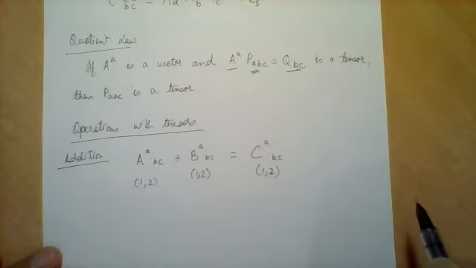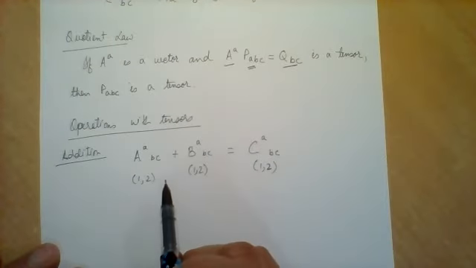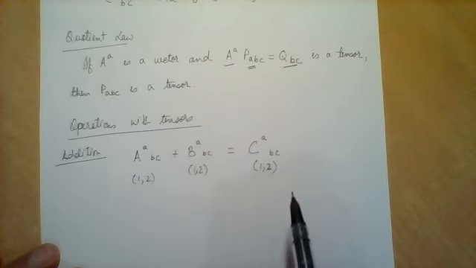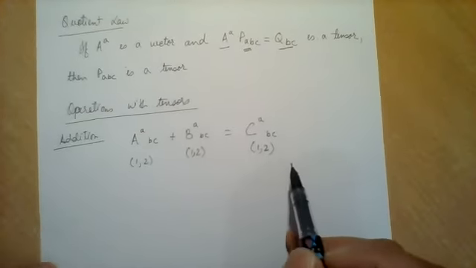Adding corresponding components of two tensors of the same type results in quantities that are components of a tensor of that same type. This is addition.